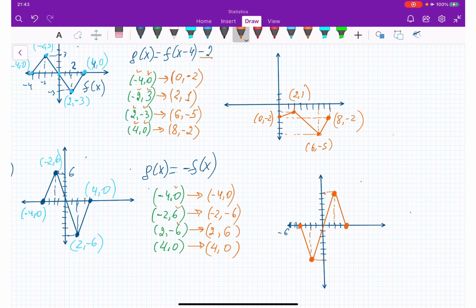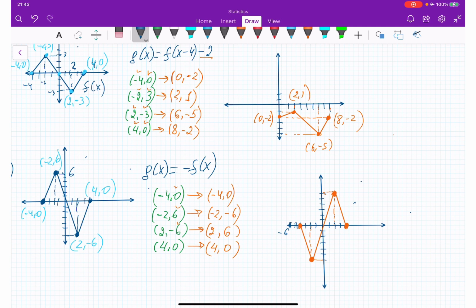Here it's coming first going up and then down. Here it is going down and then up. And here it is going up, here it is going down. Yes? So the graph flipped because we have a negative f of x, which means your y is going to change its sign.